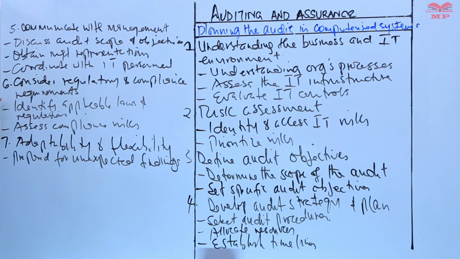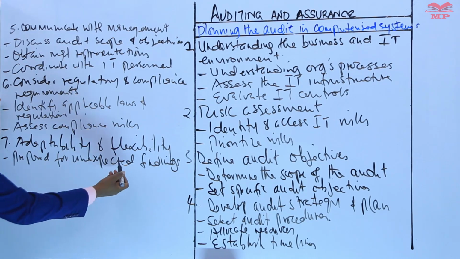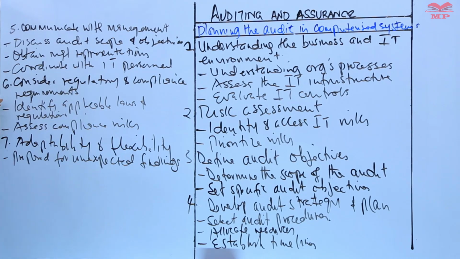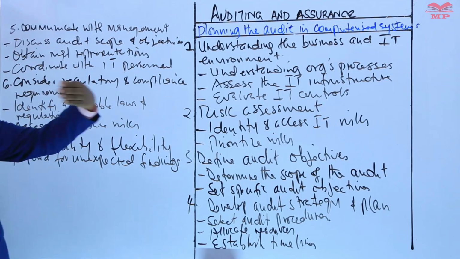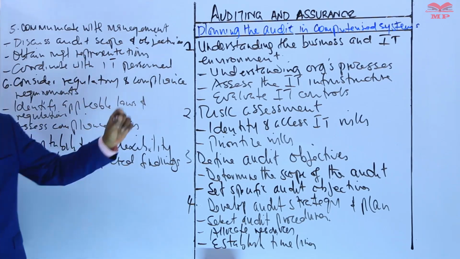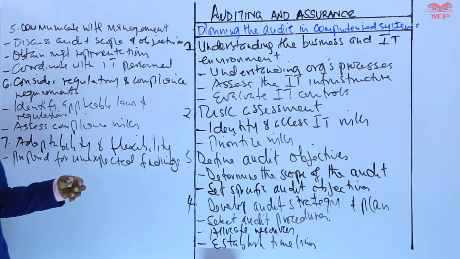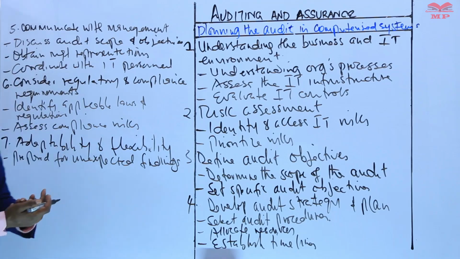As much as he has a plan, there could be other aspects that may come up which he may not have anticipated, which may need to be adapted in the audit plan. Audit plans may need to be adjusted based on new information and discoveries during the audit process. Therefore, the auditor has to be prepared for such unexpected findings.